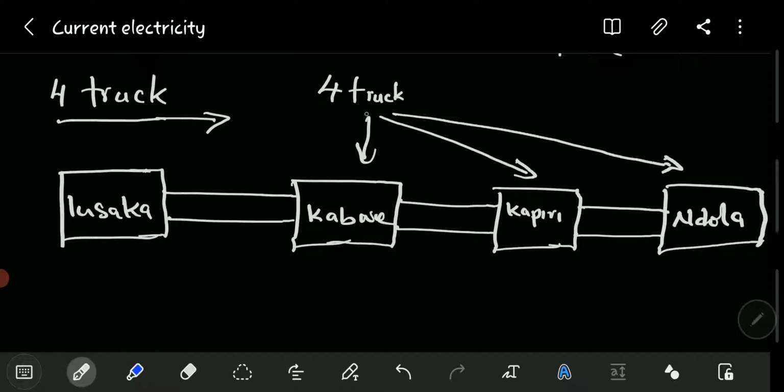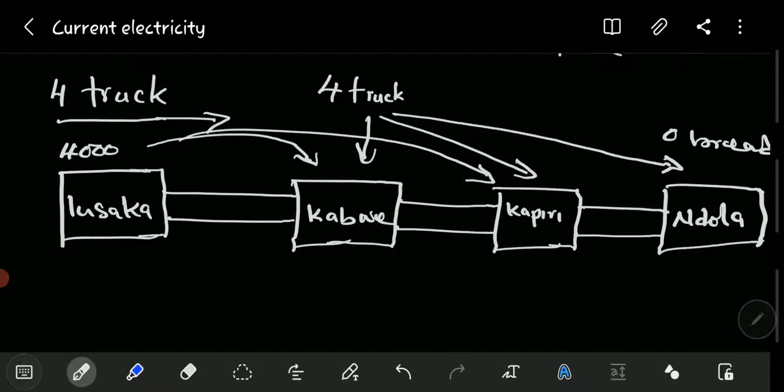However, if the 4 trucks carry a total of 4,000 loaves of bread, and there is zero bread that arrives in Ndola, it means that the 4,000 loaves of bread have been sold in Kabwe and also in Kapiri.